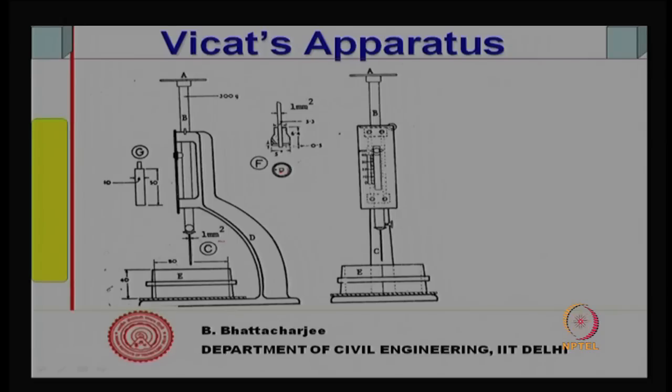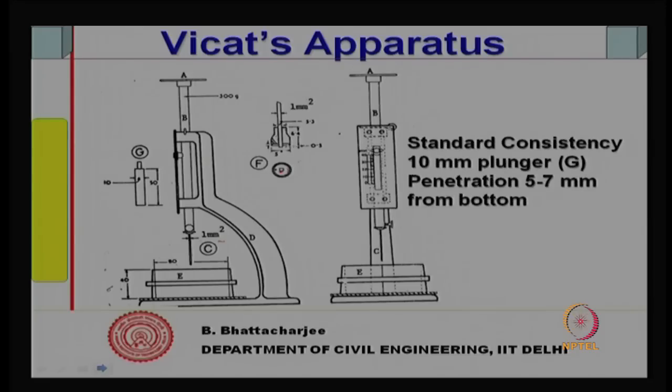So, these 3 needles are used to determine standard consistency, initial setting time and final setting time. So, let us see how standard consistency is determined. One can lift this needle up and place it just on top of the cement paste here, and allow it to drop on its own.